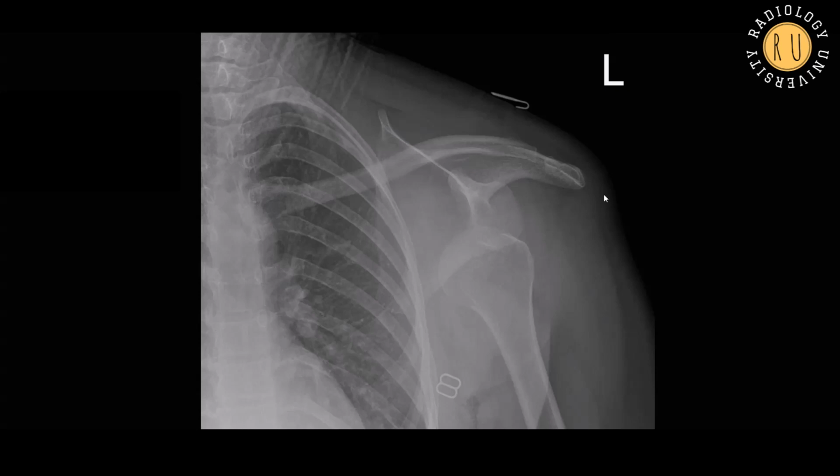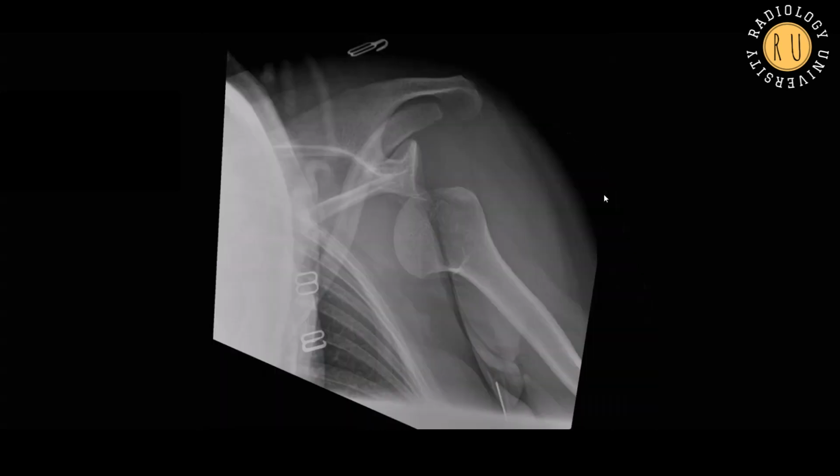The radiograph findings confirm anterior inferior dislocation of the left humeral head, and there's also an associated Bankart lesion in the glenoid. I will urgently inform the referring clinician this patient needs shoulder reduction, and probably an MRI can be helpful to delineate it.